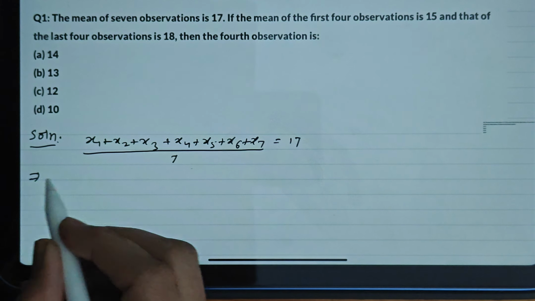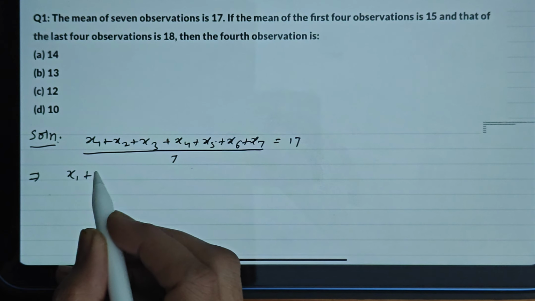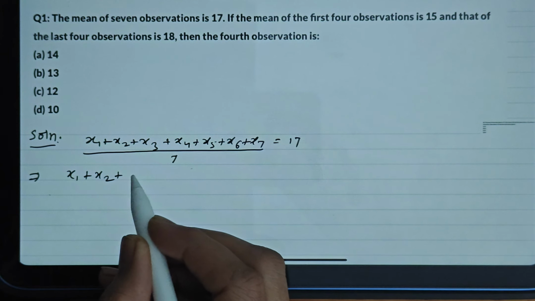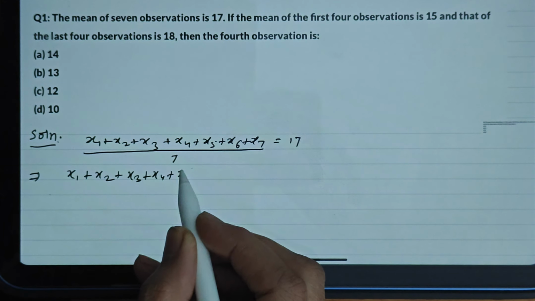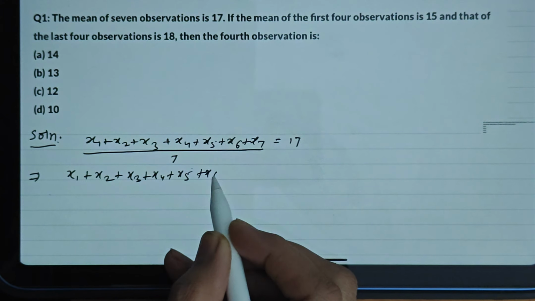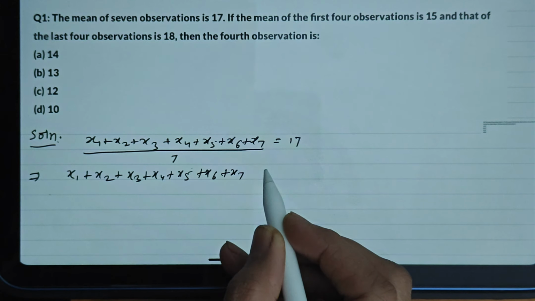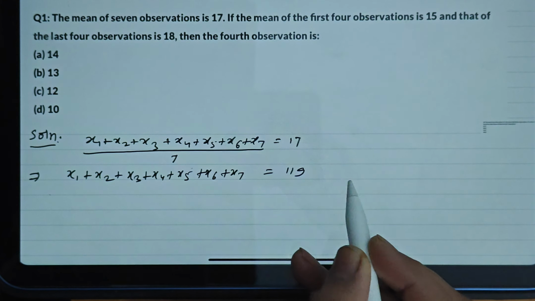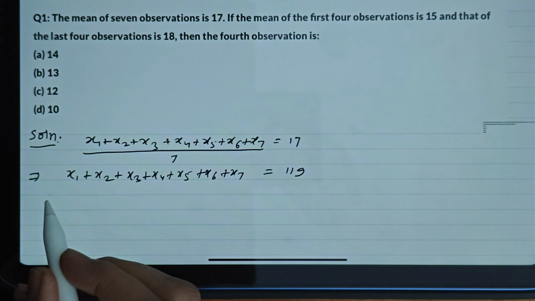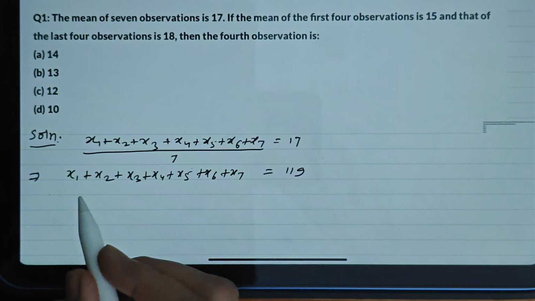So this line will imply that x1 plus x2 plus x3 plus x4 plus x5 plus x6 plus x7 is 17 into 7, which is 119.